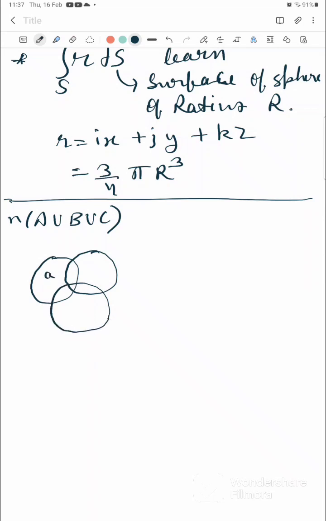This is A, C, B, this is D, this is E, G, F. So let's say this is question 1, question 2, question 3.